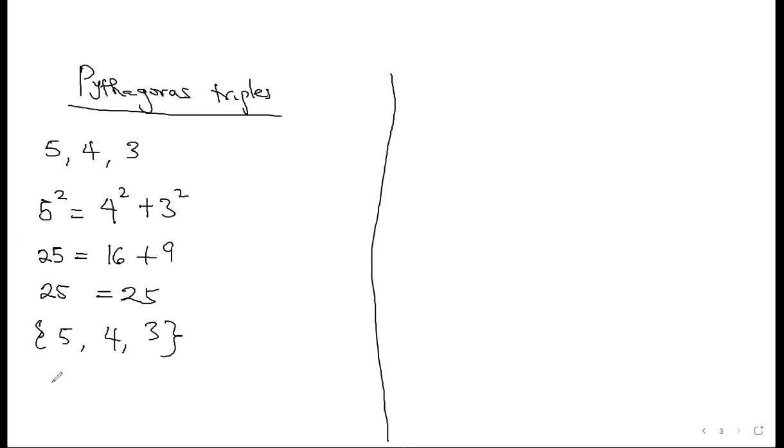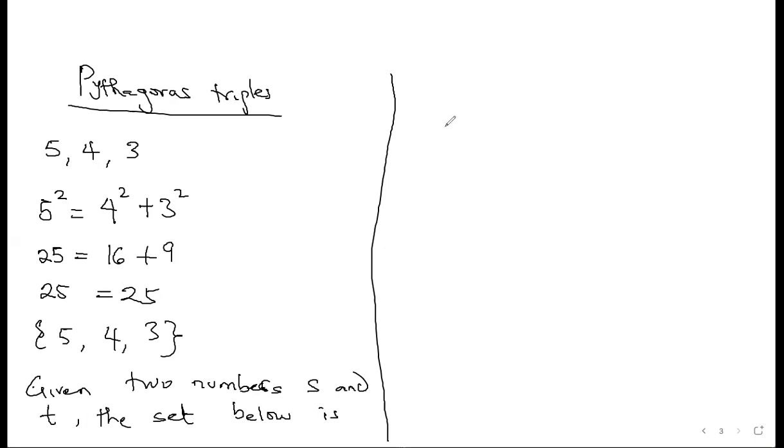So this rule will always work. If you have two numbers, let's say S and T, the set below is a set of Pythagoras triples that could be formed.